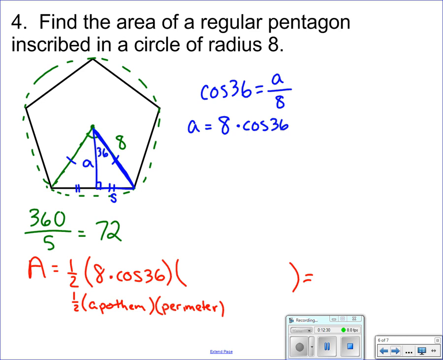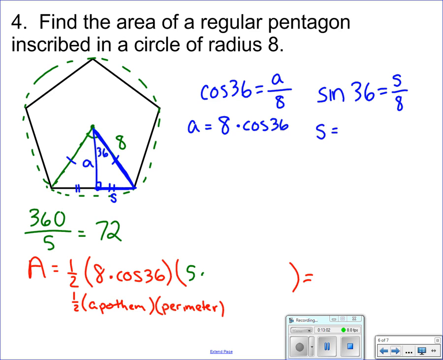Okay, so the perimeter, since I have 5 sides, it's going to be 5 times something. This side length is half of the whole side length. So if I find S, all I have to do is multiply by 2. I need to find S in that right triangle. That's the opposite, and I've given the hypotenuse, so let's use sine of 36 is equal to S over 8.